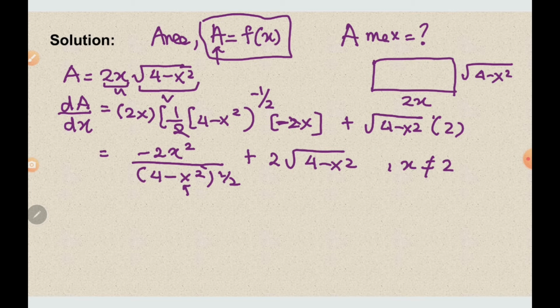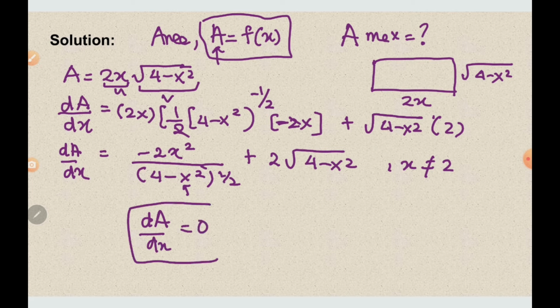To get the maximum area, dA/dx must equal 0. So dA/dx must equal 0 to get the maximum area.